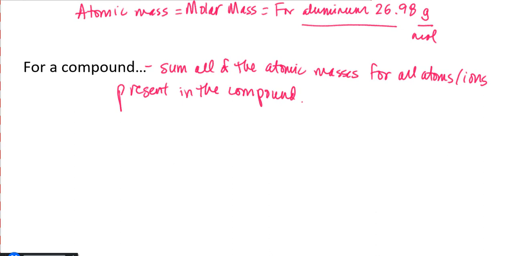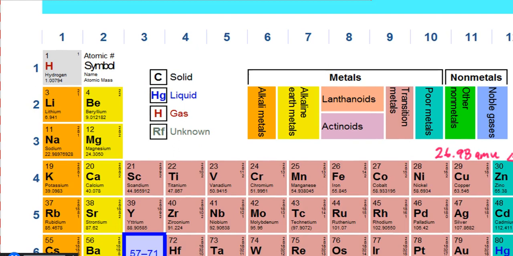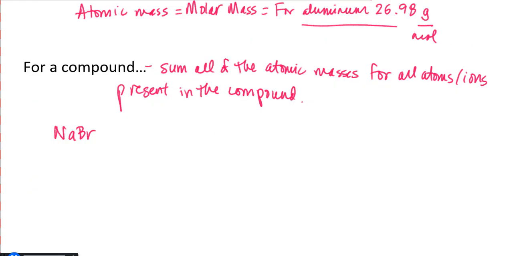So, for example, suppose that I wanted to find the molar mass of sodium bromide. If I were to look up sodium's molar mass, that's 22.99. So for sodium, that would be 22.99 grams per mole.